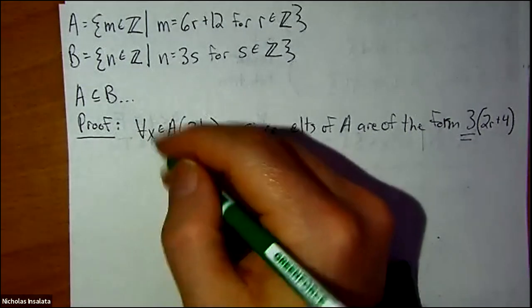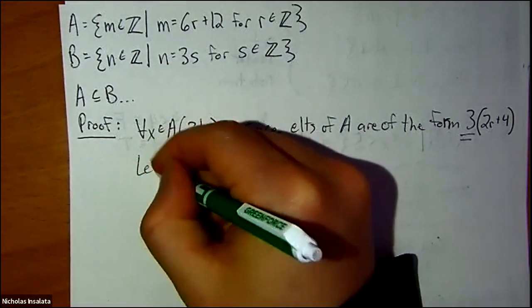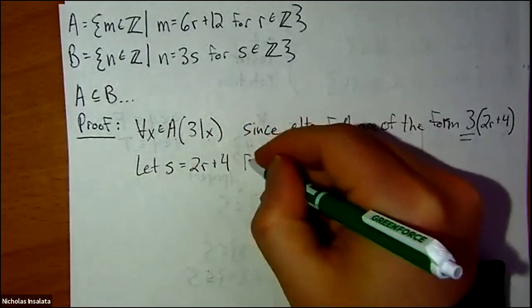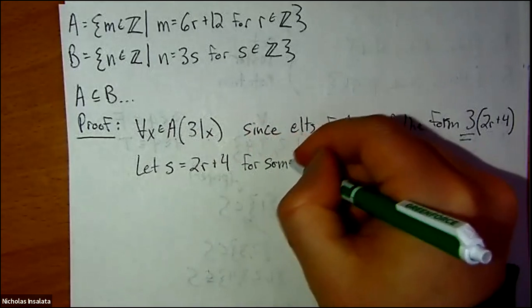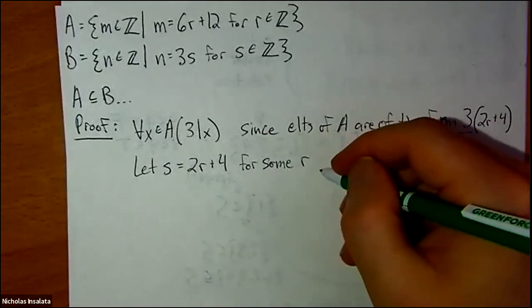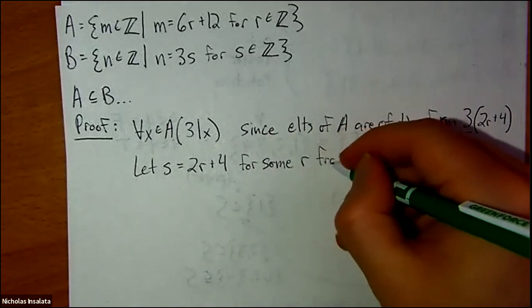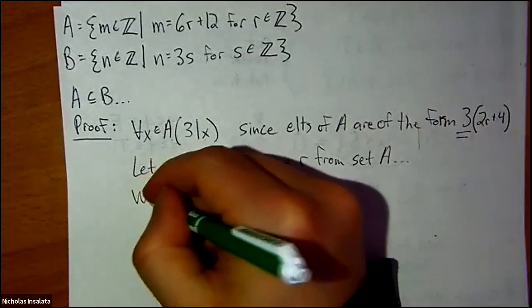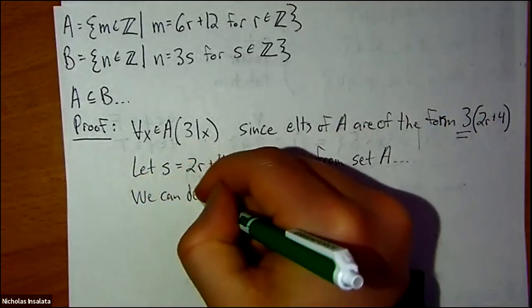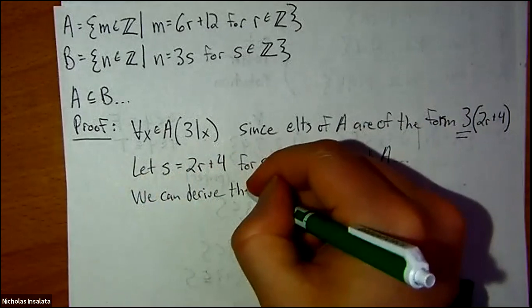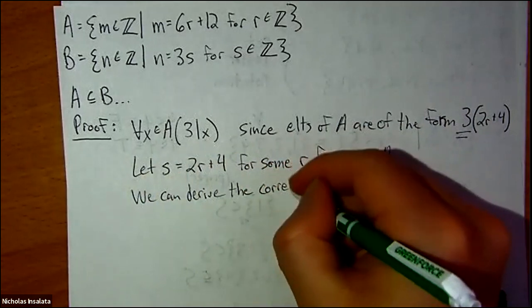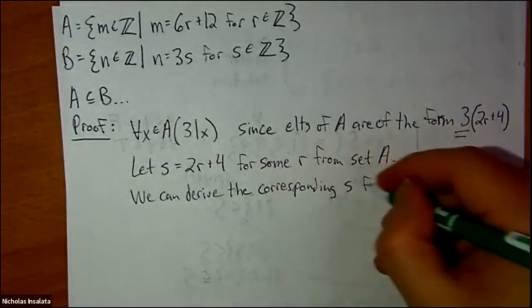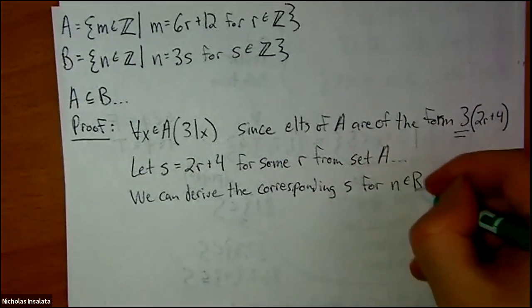So we would say, let s equal 2r plus 4 for some r from set A. And from that, we can derive the corresponding s for n in set B.